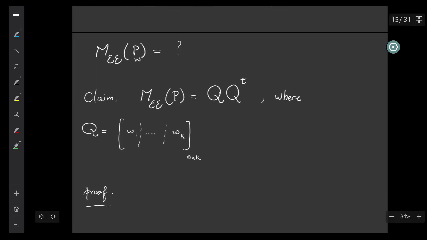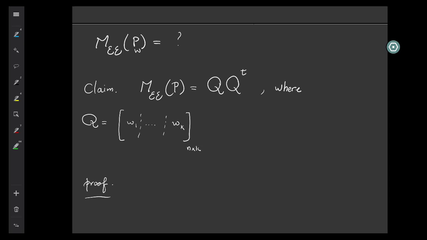you might ask, what's this matrix if we want to write it in terms of the standard basis? Okay, and the claim is that if E is the standard basis, let's recall E is equal to E1 through En, and we want to write this.